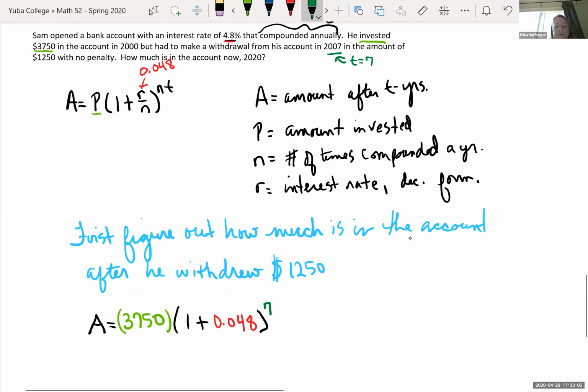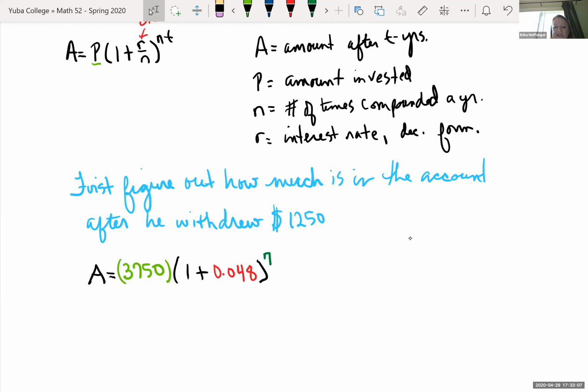Okay, so that's how much money he's made in 7 years off of the $3,750 invested at 4.8%. But we just said that he is taking some money out, that $1,250.